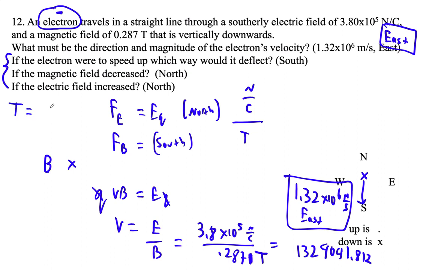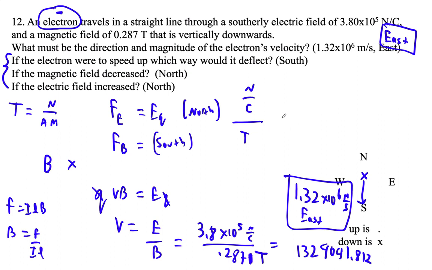Well, let's see, it's ILB, so it's newtons divided by amps times meters. It's a newton over an amp meter, right? Because force is ILB, so therefore B is F over IL. I would be amps, L would be meters.